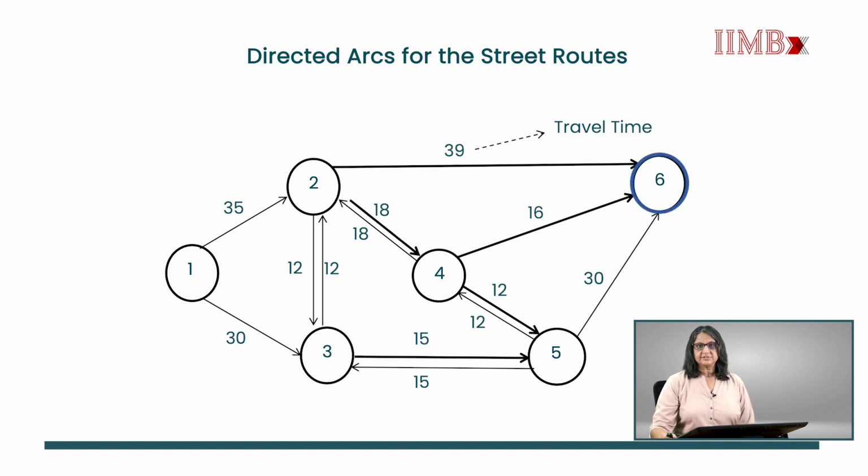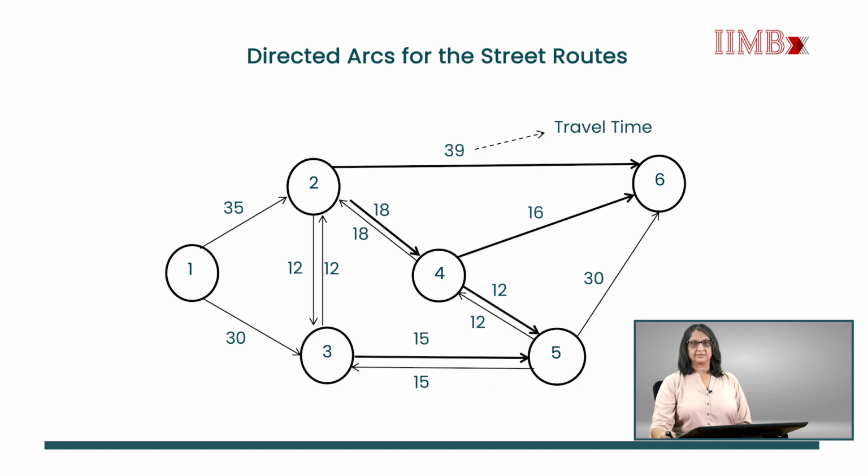And similarly for node 6, because that is our destination, we are not going to come out of node 6. We are only going to go into node 6. And therefore, those three arcs, which is from 2 to 6, 4 to 6, and 5 to 6, have also been replaced by a single directed arc.